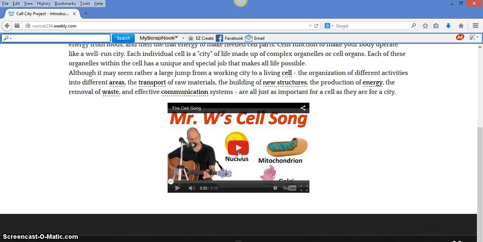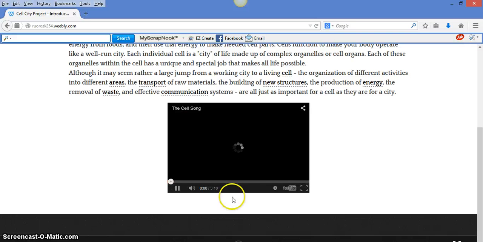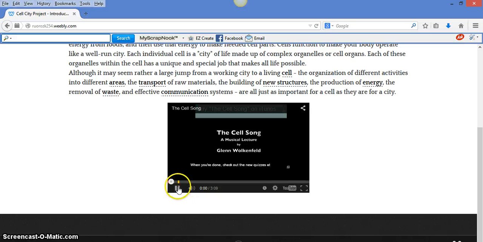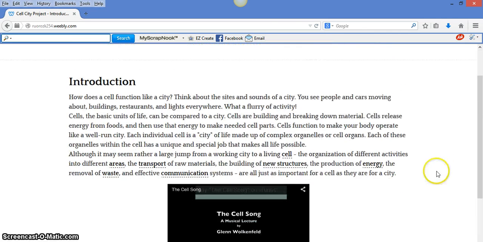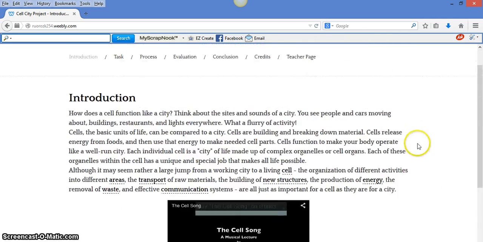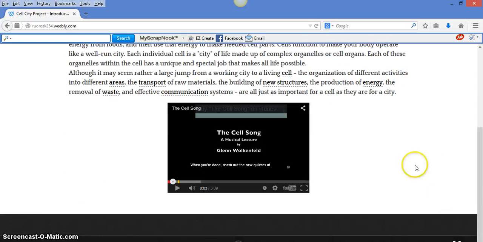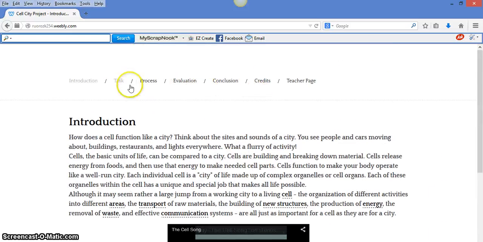There's a song there about a cell, and they were to listen to that, and then from there they would be able to get an idea of how to compose either a song, a rap, or even a poem.